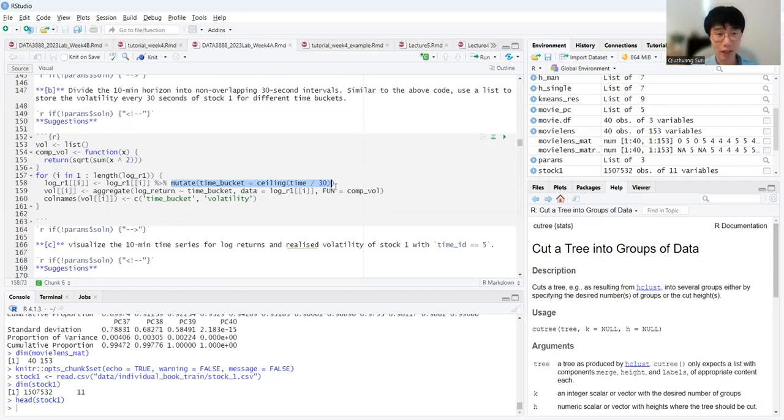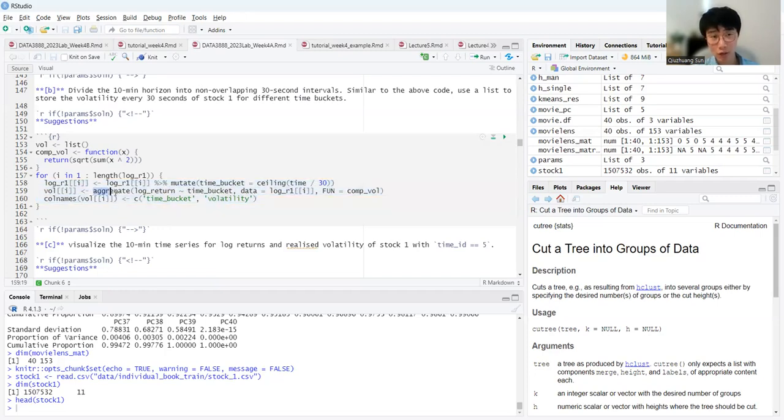So with this index, I can use an aggregate function in R to compute the realized volatility in the first 30-second interval, second 30-second interval, third 30-second interval, something like this. And then I change the column names. So the first column is time bucket, and the second column is volatility. You may need to run this for loop by yourself, or just run these 3 lines by yourself to see how this code works.